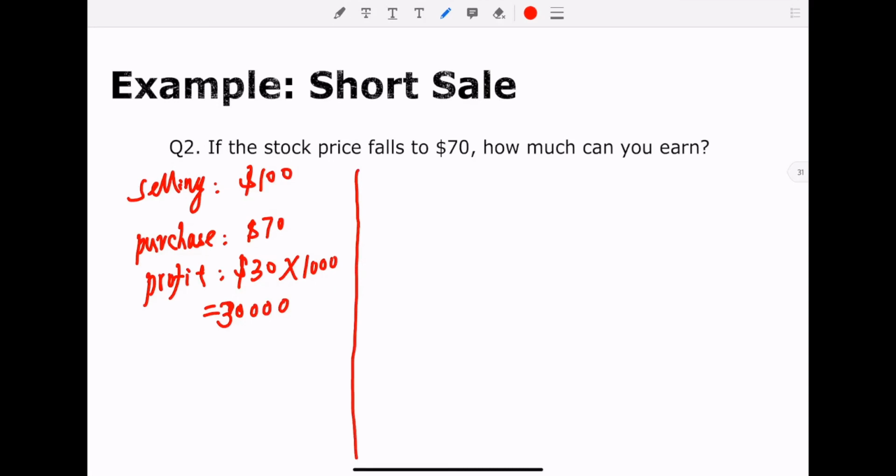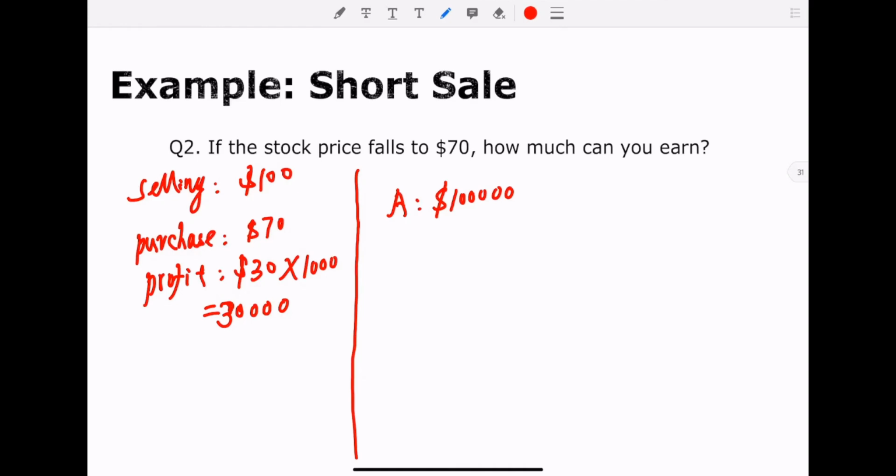Okay, this is one way to solve this problem. We could also think about the balance sheet approach. Now let's see how we could solve this problem by using the balance sheet. Now, what is your asset? Remember, your asset was the proceeds from short selling 1,000 Facebook shares at $100.